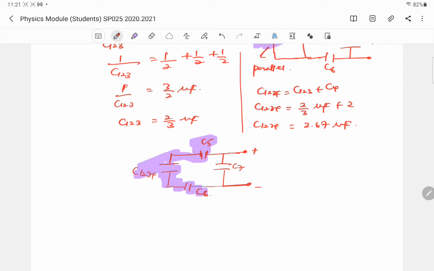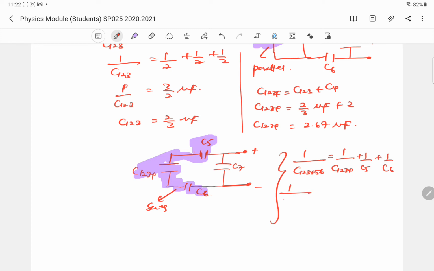So kita combinekan dulu C1234, C5 and C6 which is connected in series. So kalau connected in series, kita ada 1 over C123456 equal to 1 over C1234 plus 1 over C5 plus 1 over C6.